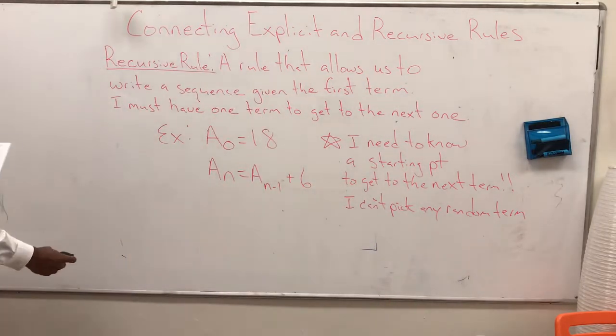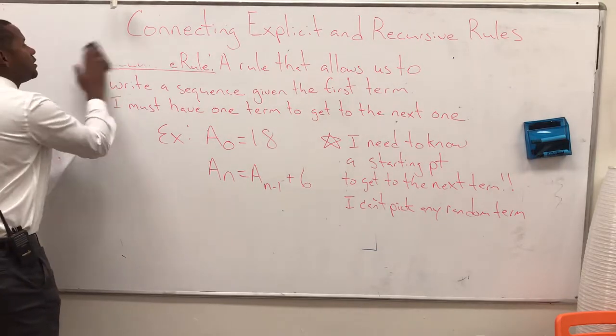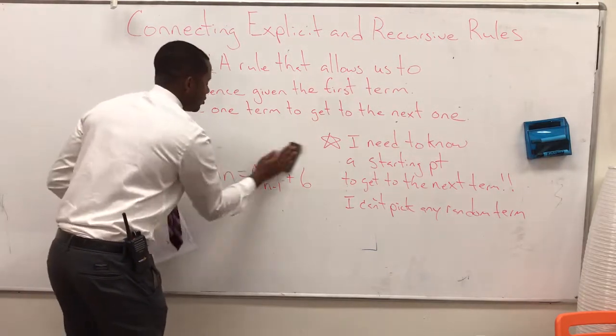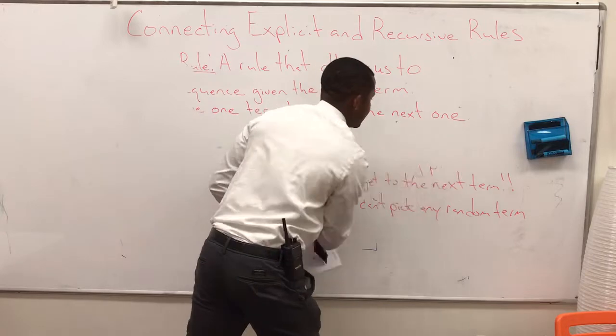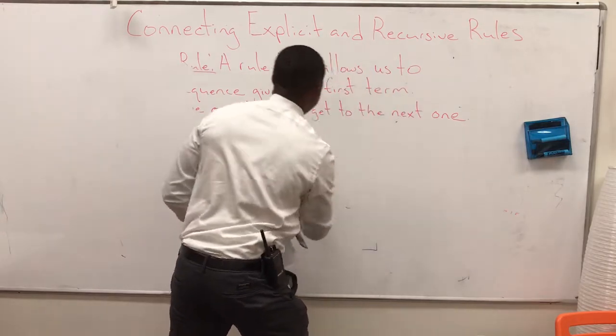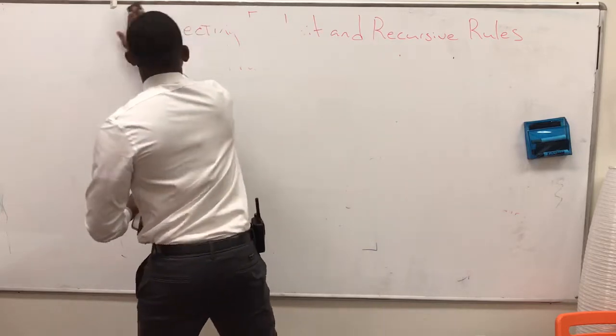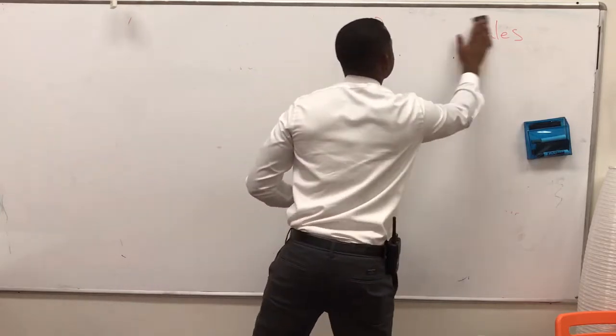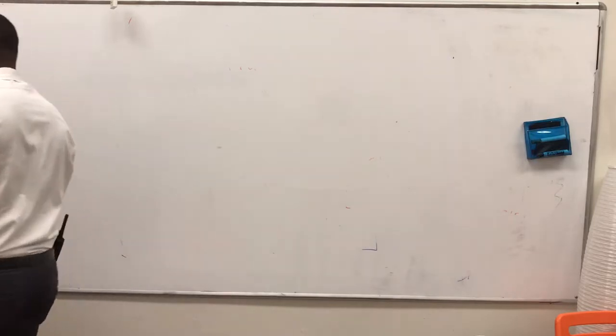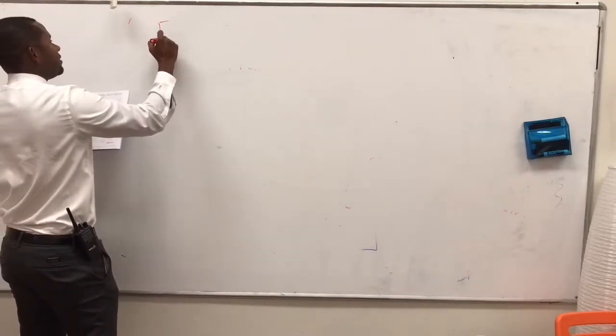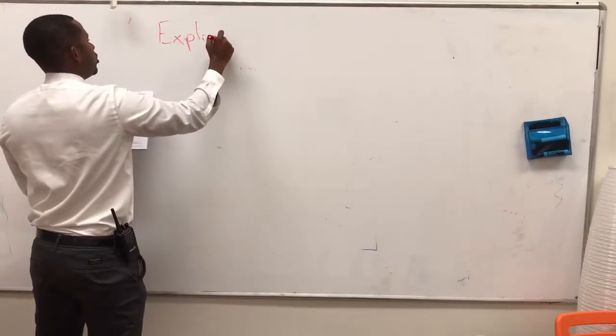Alright, so you're going to pause and get that stuff down. Cool, you did that. That's the beauty of technology and video. So then, from there, we're going to talk about an explicit rule.